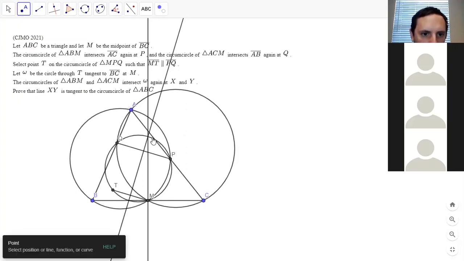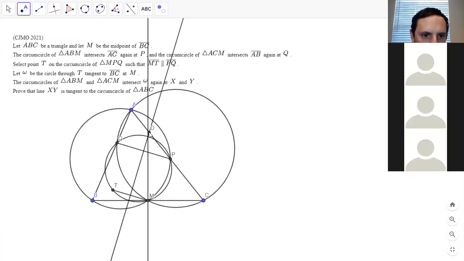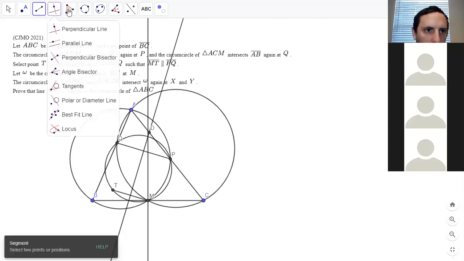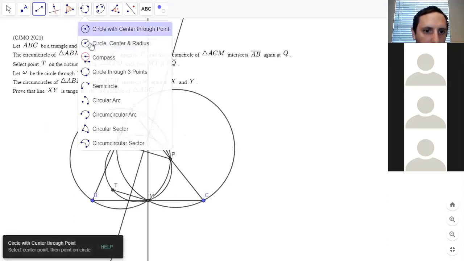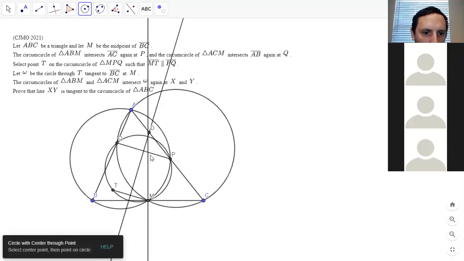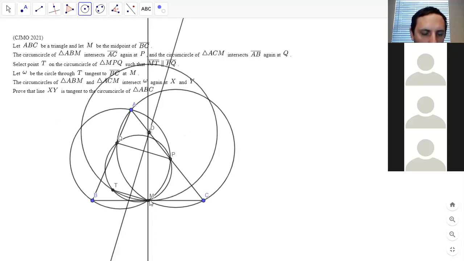So this point right here, and so D is the center of that circle.